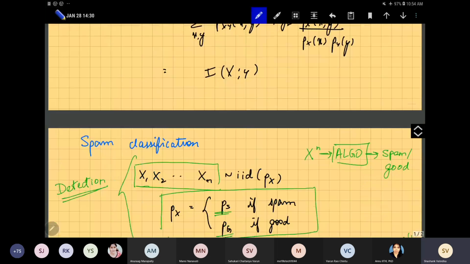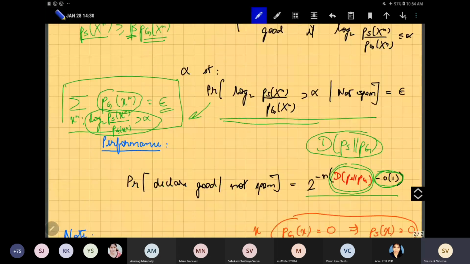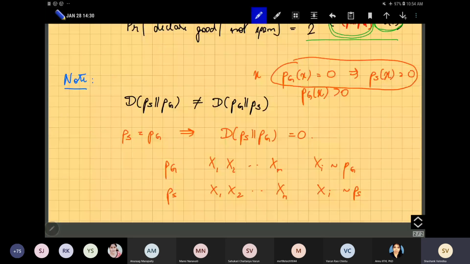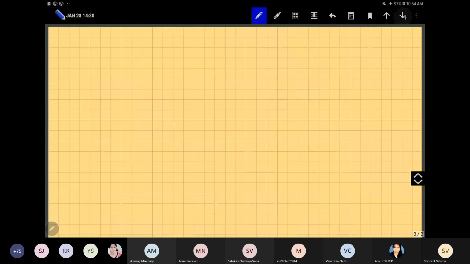And maybe a good way to see why this is the case, and what it has to do with spam classification, or in fact classification of any form, is to consider the following case. Suppose the sequence is binary, so xi takes values either 0 or 1. You observe a sequence x1, x2 up to xn.